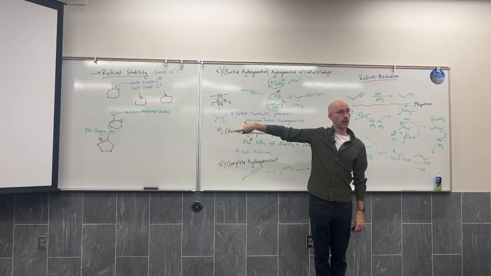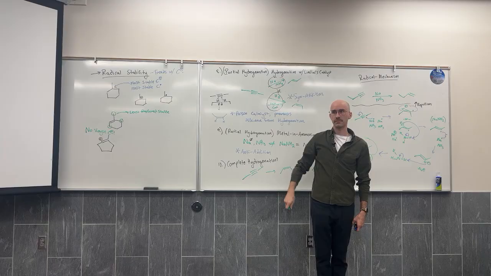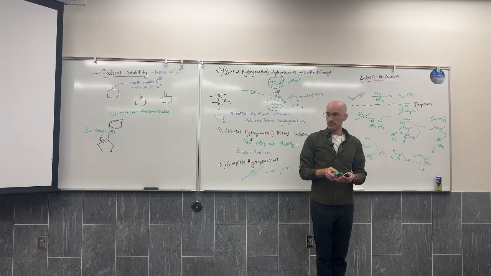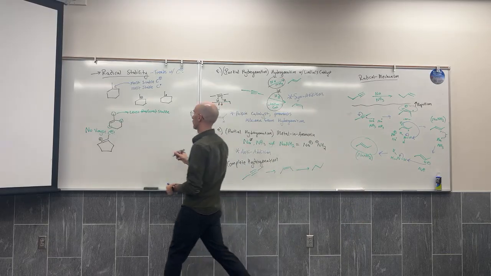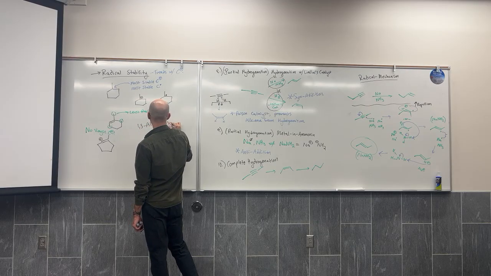The other two are equally substituted. Would you agree? So the other two could be seen as equal, but there is a distinction between them. So the least substituted is the least stable.